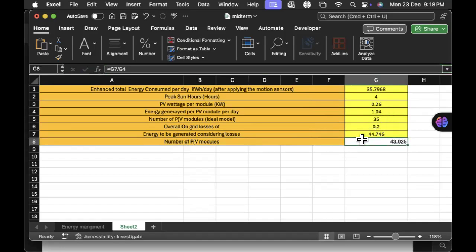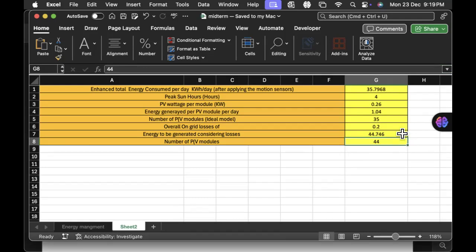And again, I will round it up to 44. And this will be the needed number of PV modules. So we need 44 PV modules in order to implement our system.